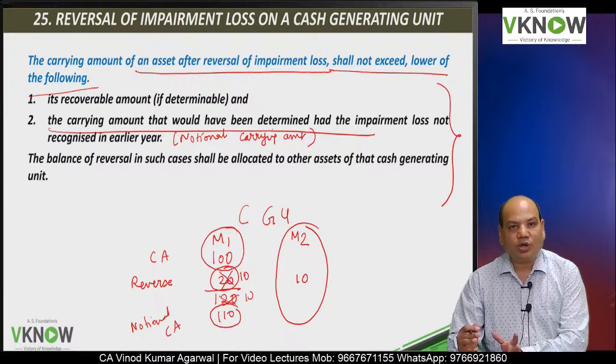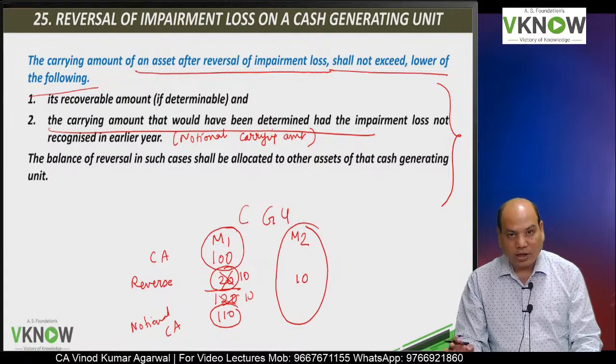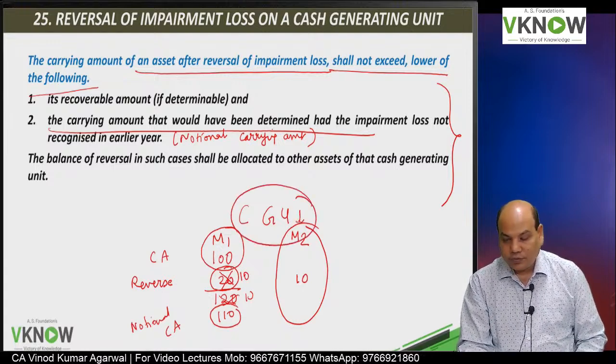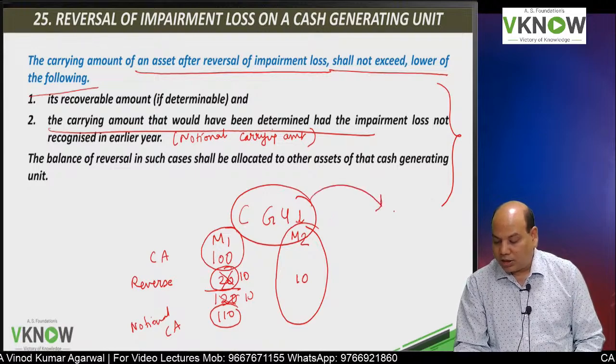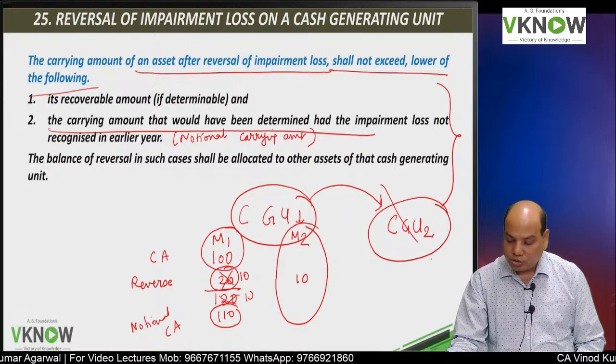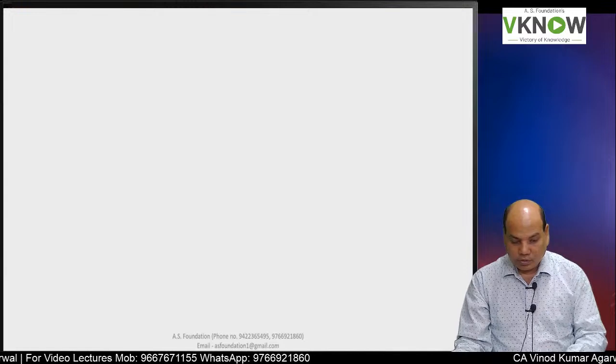Whatever cannot be reversed will lapse. You cannot shift the unutilized amount from CGU1 to CGU2. This is not allowed.